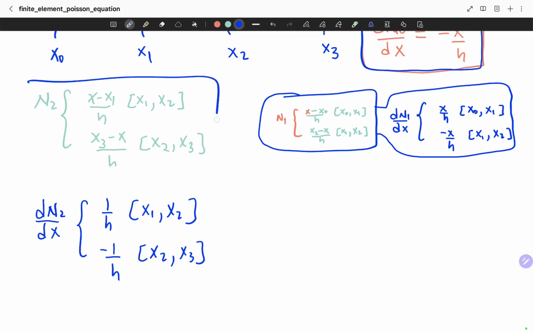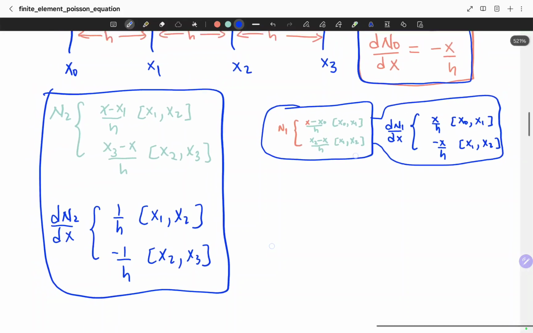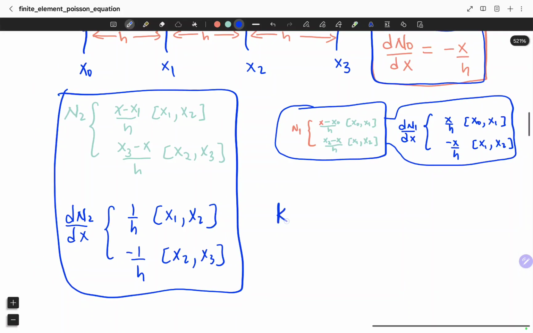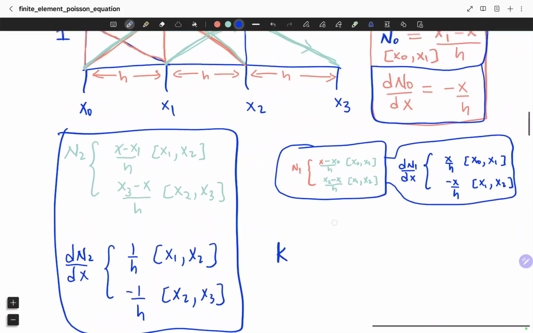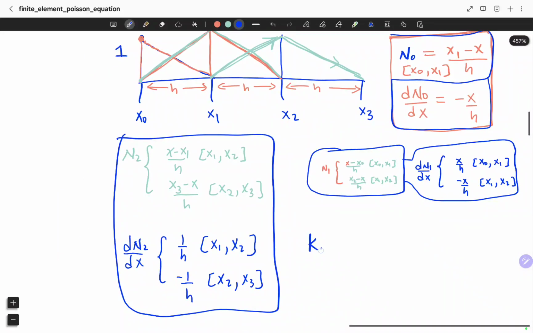And now that we have n2, the derivative of n2, it's easy for you to calculate. For example, let's do k00.